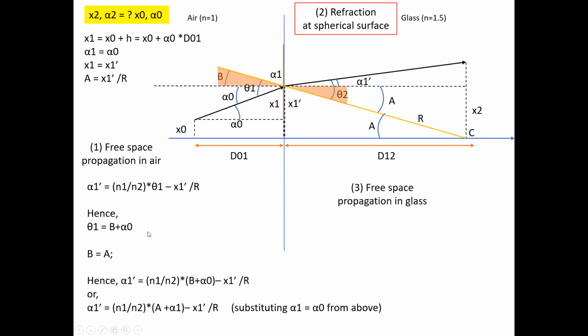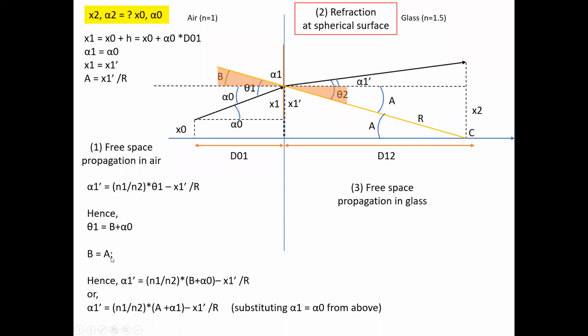So we are almost getting there. Now concentrate on these two regions, right? So we are going to use the opposite angle. So this line, which is the radius, and the optical axis, they intersect each other. So these opposite angles, which is B and A, are also equal to each other.